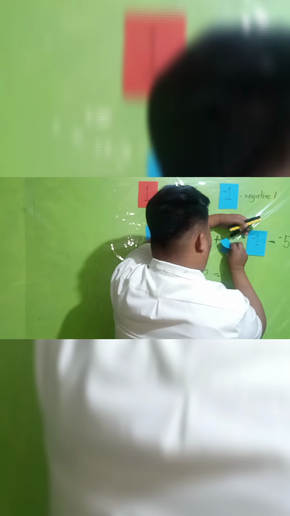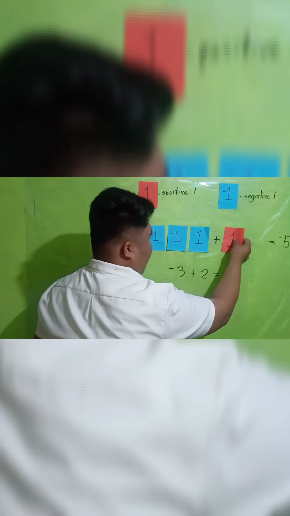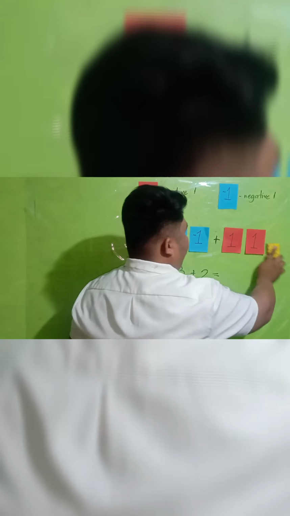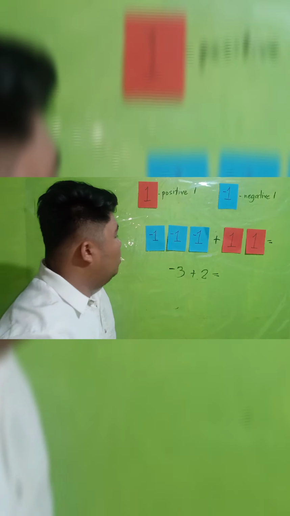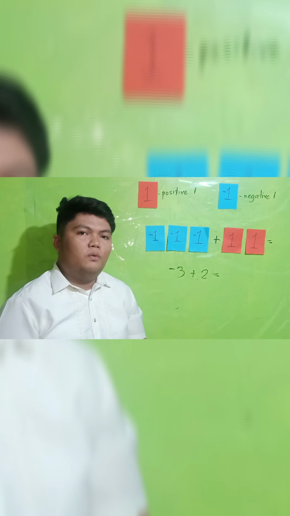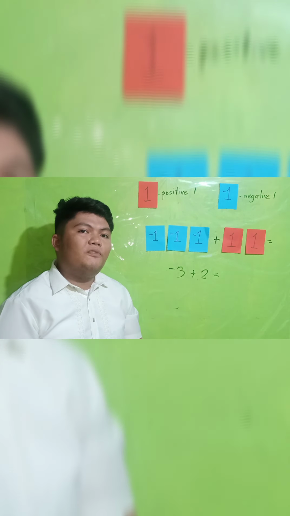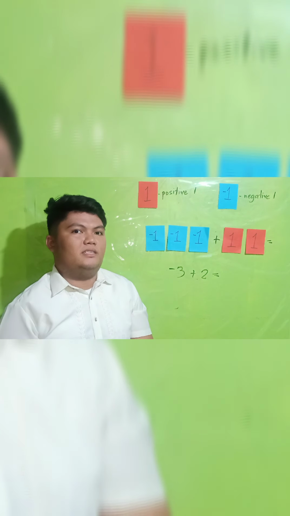So let's remove this and change with the positive tiles or the red tiles. Okay, so 1, 2. Okay, so what we are going to do is to look for, since we have blue tiles and red tiles, we are going to look if there are pairs of blue and red tiles.